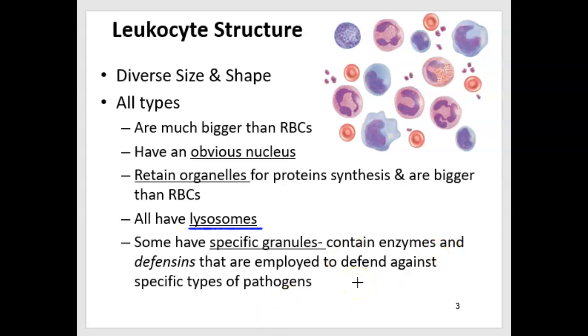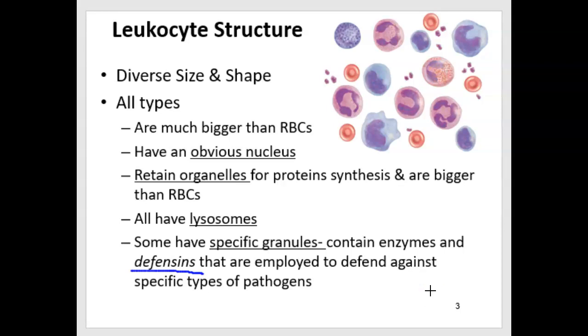But the granulocytes have more granules called specific granules. And these granules or organelles contain different enzymes called defensins, and they're specific, or unique, I should say, depending on which granulocyte you're talking about.